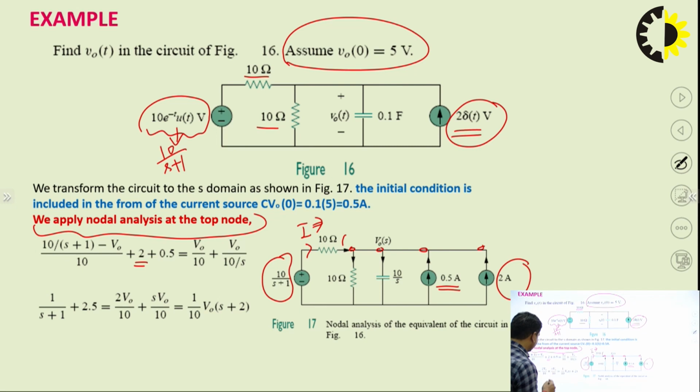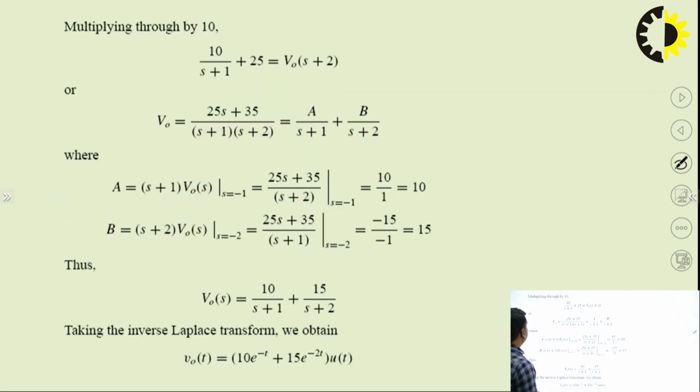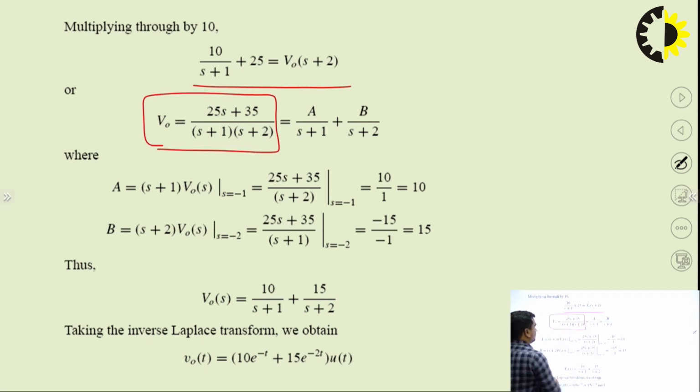After solving the equation, multiplying through by 10, we get 10/(s+1) plus 25 equals V_o(s) times (s+2), and V_o becomes (25s + 35) divided by (s+1)(s+2).